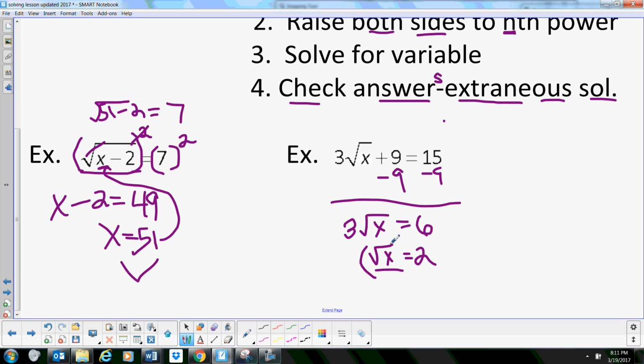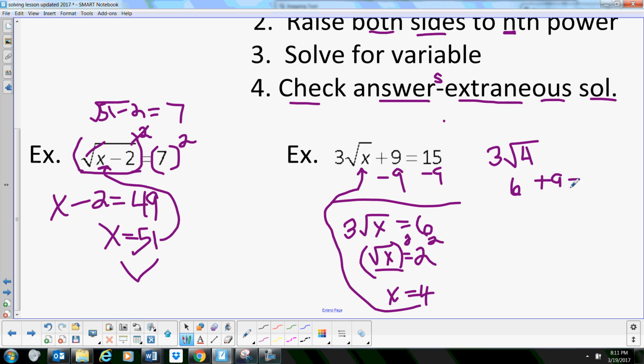And then step 2, let's square both sides, and we get x is equal to 4. And again, let's check our solution. So let's go back, plug it into the original equation. 3 times the square root of 4, that's going to give us 6, plus 9. Does that equal 15? Yes, indeed it does. So this is a good solution. So there are 2 very simple radical equations.